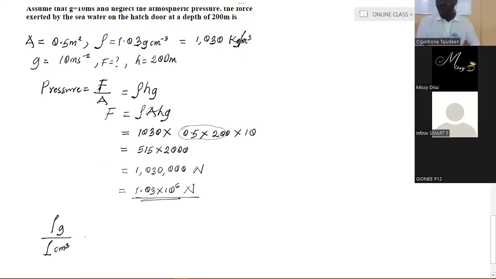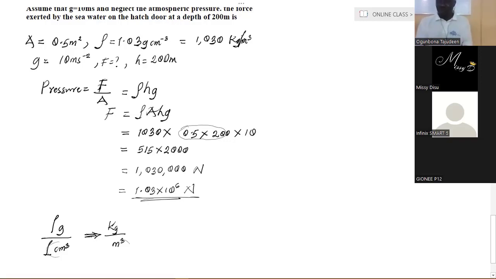So it's not 1 gram straight to kilogram. And we are going to kilogram per cubic meters. This one is higher than this one, right? And it's at a lower level. So that is why it will increase it.